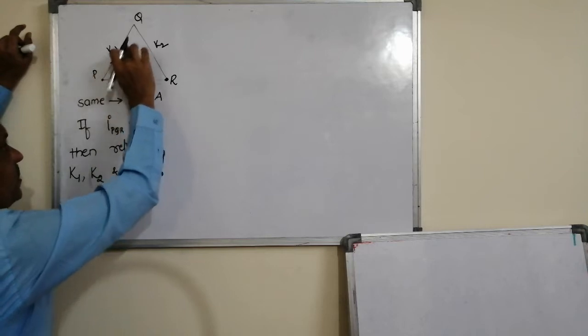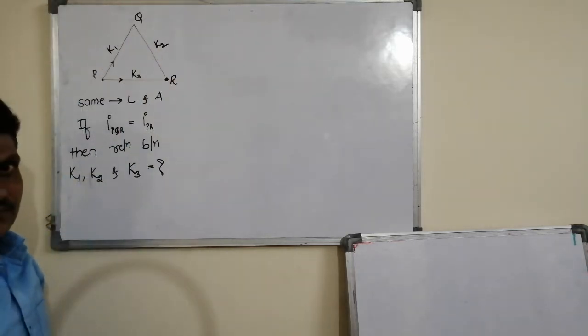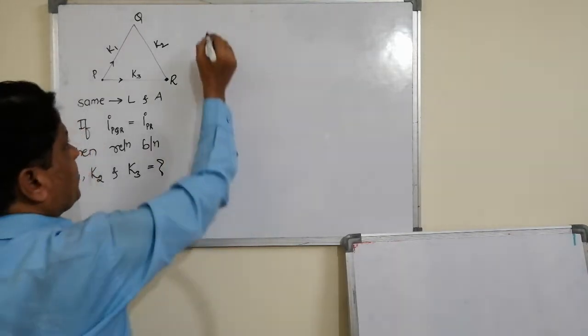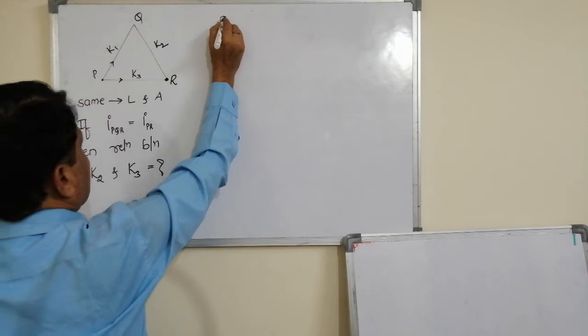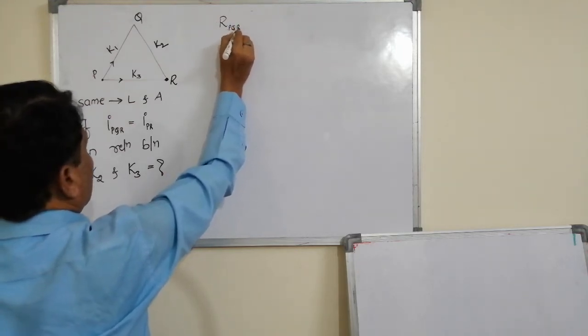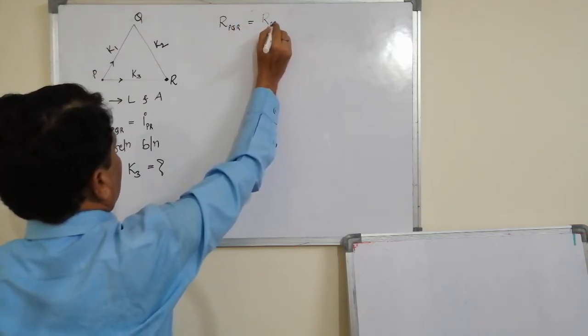If the current flowing through this portion and through this portion is the same, then the resistance also remains the same. That is, resistance of PQR is equal to resistance of PR.